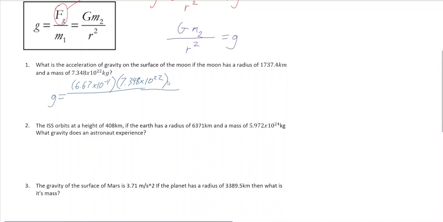And then this one is the radius, which is 1.7374 times 10 to the 3, plus it's kilometers, so another 3, so 6, because it has to be in meters. This is the big concept, in meters, okay? And then that's squared, so what do we get?